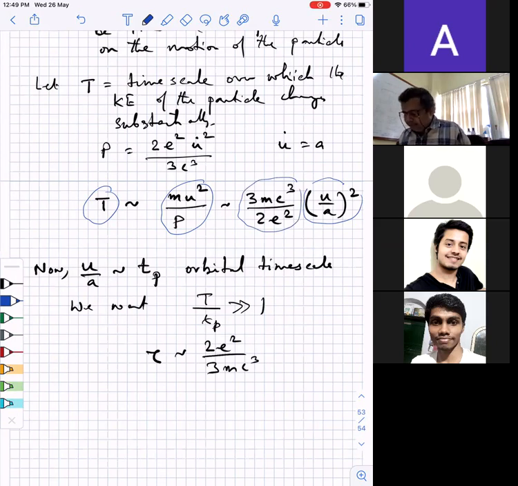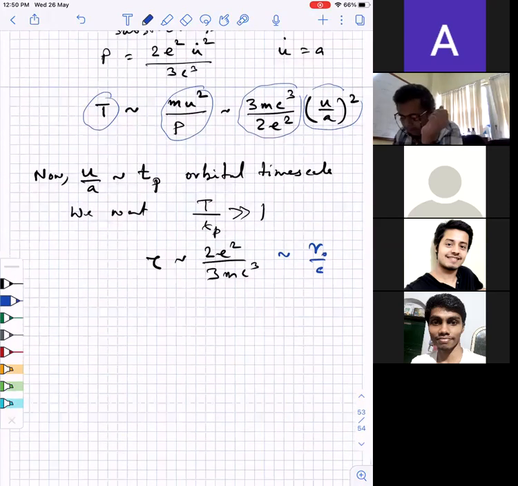This is like r0 by c, the typical time scale in which information can propagate. As long as the process occurs in a time scale much longer than this tau, we can treat the radiative reaction perturbatively.